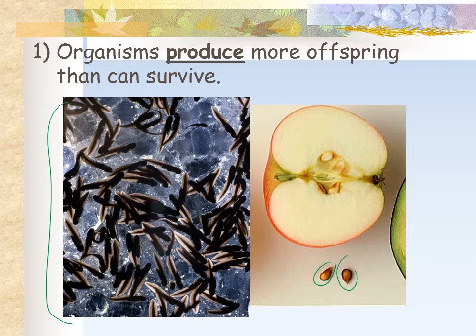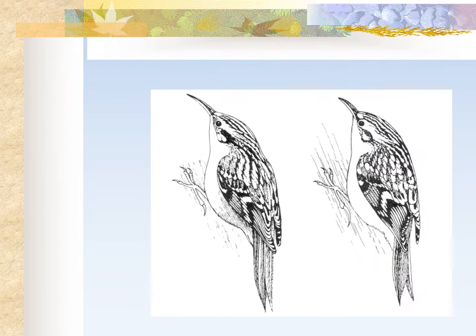Not every single one of them is going to grow into a new apple tree. Some are going to get broken down and degenerate. Some are going to possibly become apple seeds, but not all of them. But organisms tend to make a lot of babies, basically, in hopes that 1 or 2 or a few will survive.